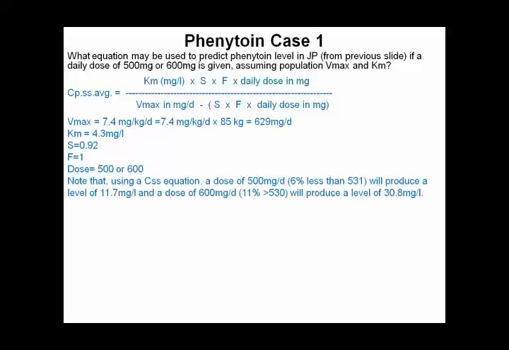You may use 500. Another alternative approach is to give 300 in the morning and 230 in the evening, and that will be 530. I would personally start on maybe 500 in that patient.